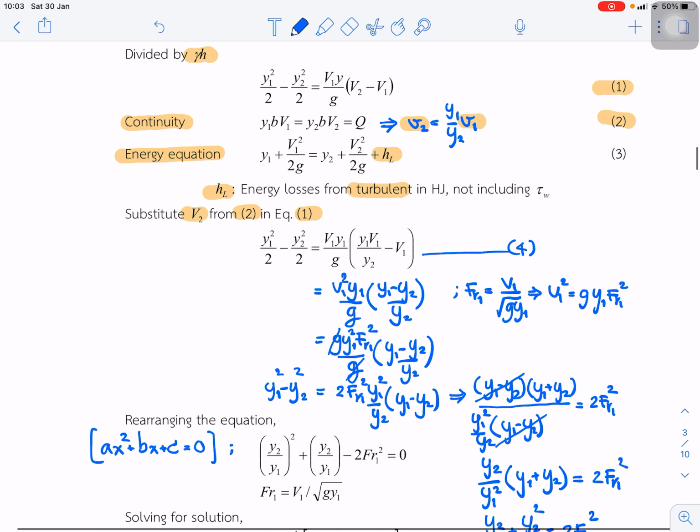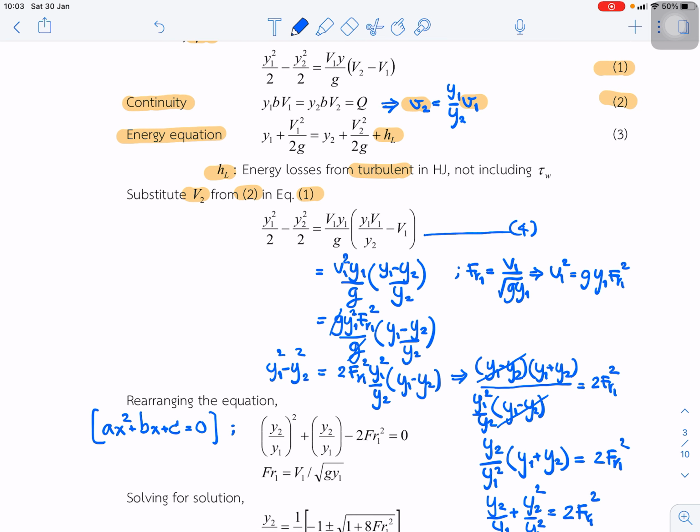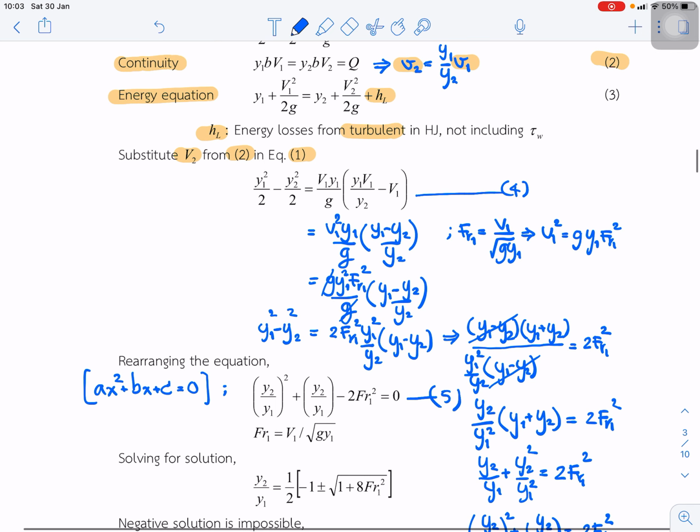So next, we rearrange this equation to find equation 5 here. Okay, how to rearrange from equation 4 to equation 5, let me show you how to get this.